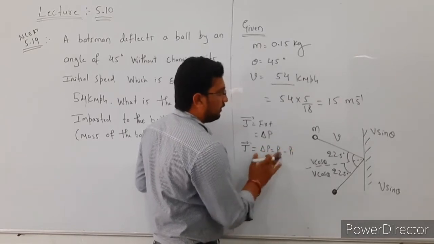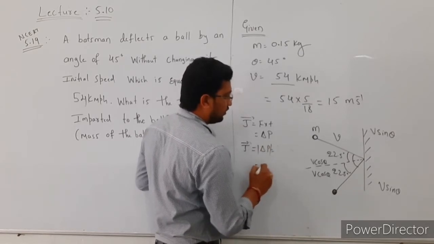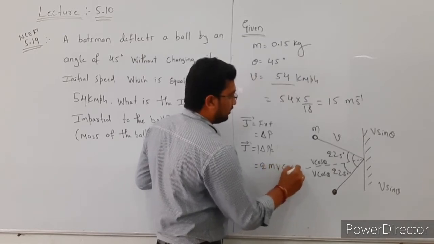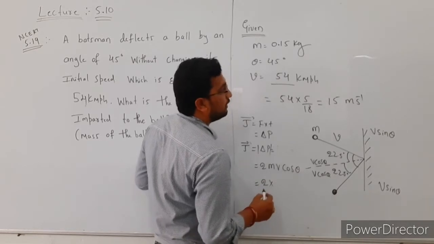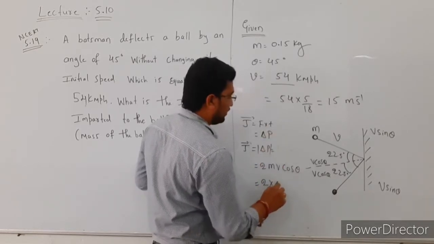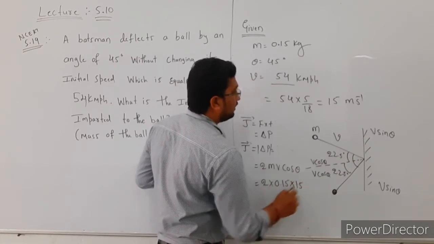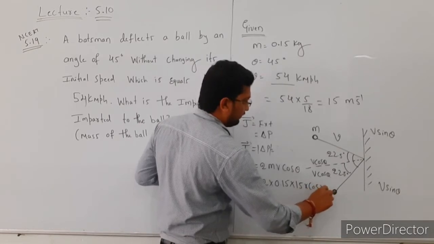We already know the standard formula: the magnitude of the change in momentum is equal to 2 into m into v cos theta. Here 2 as it is, then the mass of the ball is 0.15 into velocity 15 into cos of 22.5.